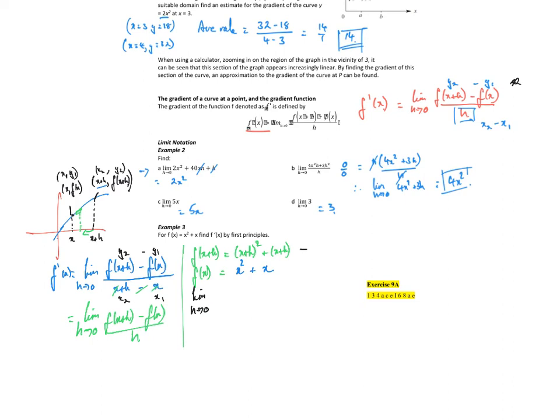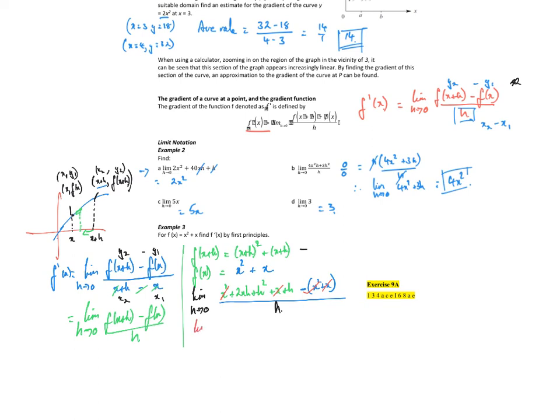So we'll go x squared plus 2xh plus h squared plus x plus h, minus x squared plus x, all over the h value. So if you do that right, x squared minus x squared, x minus x, the x's will always cancel off.